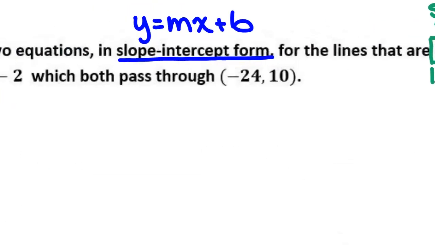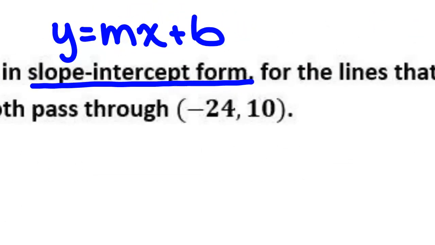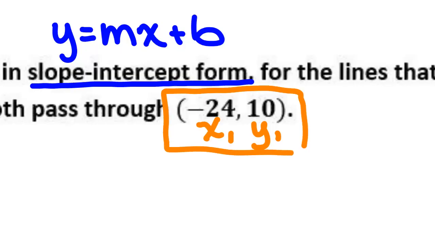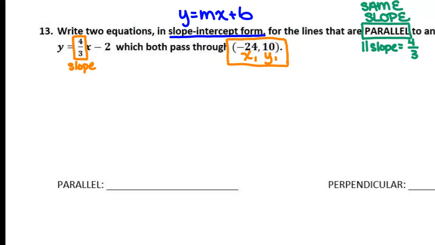And we want both of these lines to pass through the point negative 24, 10. So I have an x1 and a y1 right here. We're going to use this for both lines. We need to use point slope form because we know what we want the slope to be.